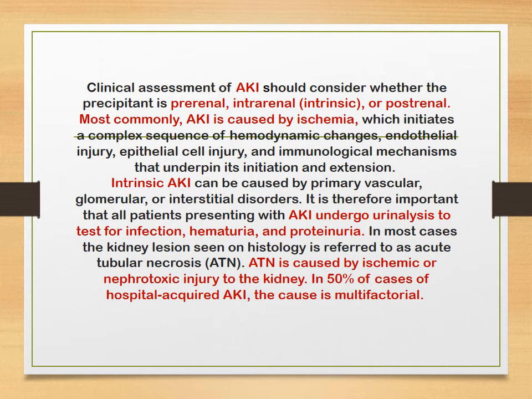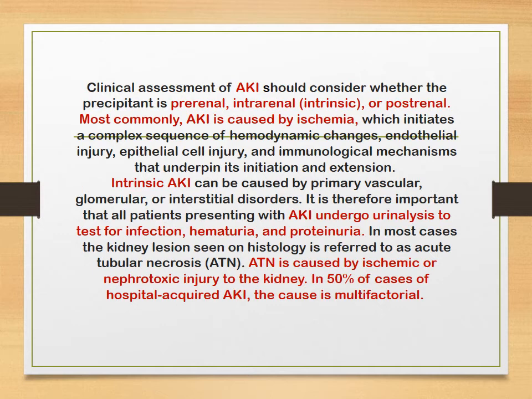And the most common cause of acute kidney injury is acute tubular necrosis, that is mainly due to ischemia, reduced blood supply to the renal blood vessels, or nephrotoxic injury. However, 50% may be multifactorial.